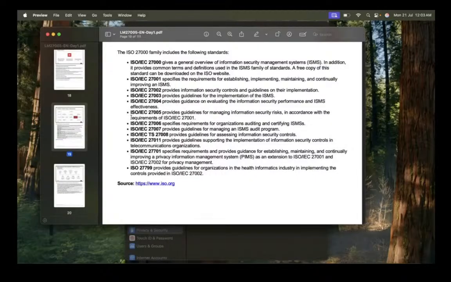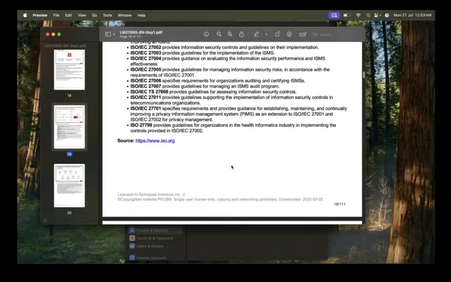So I hope you can connect now. 27001 talks about the requirements, and 27005 provides the guidelines to manage those information security risks. That is how 27001 is the most relatable to 27005. Maybe you can keep a note about it.